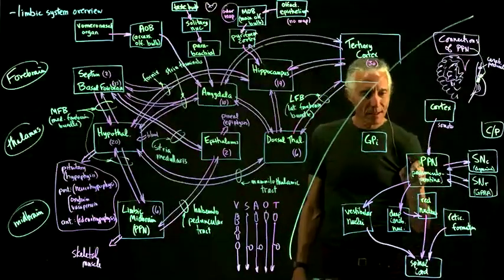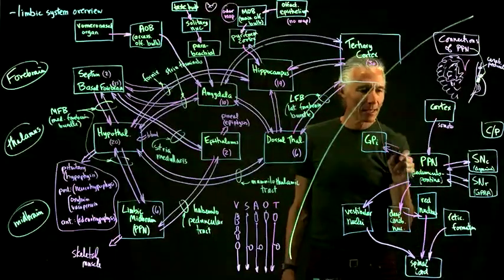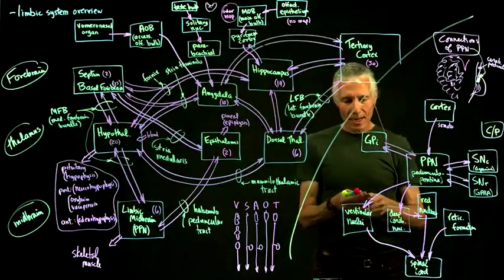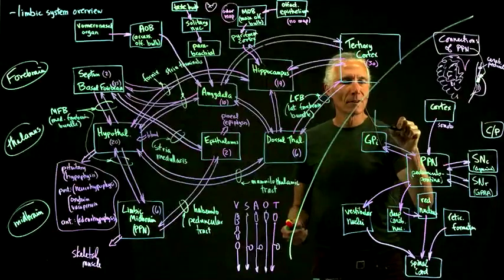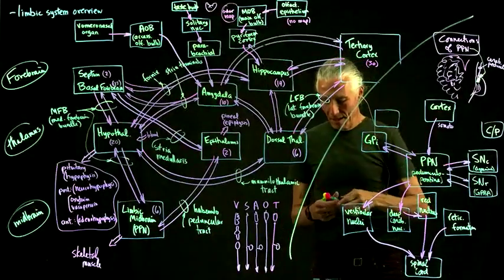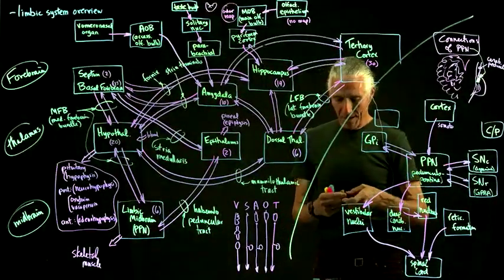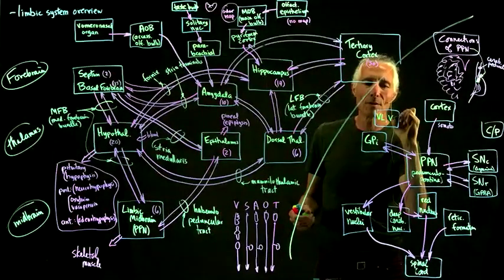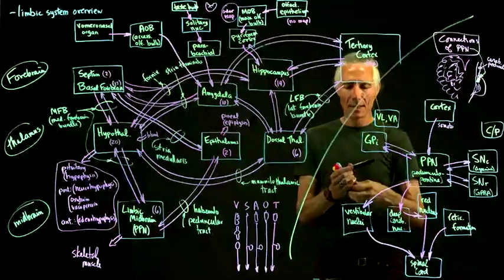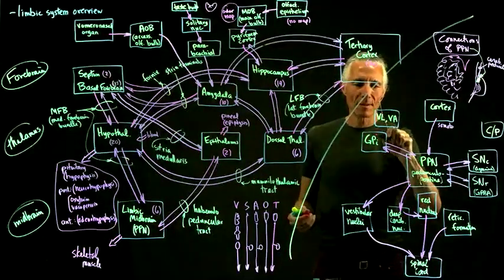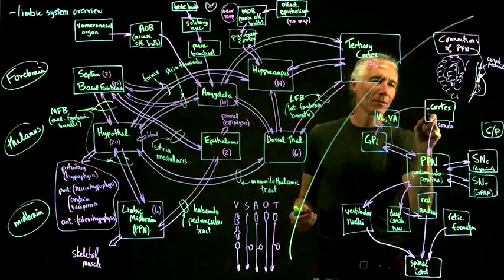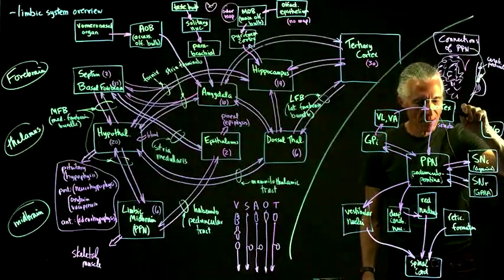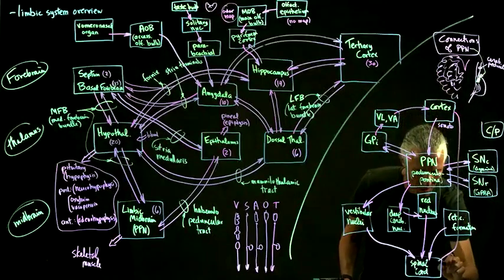And so this thing projects to the globus pallidus, and then that can project up to the ventrolateral, that's the motor cortex one, and then this is the premotor cortex part of the thalamus. Remember, it's inhibiting them, and that can get up to the cortex, where it can obviously go down all the way to the spinal cord.